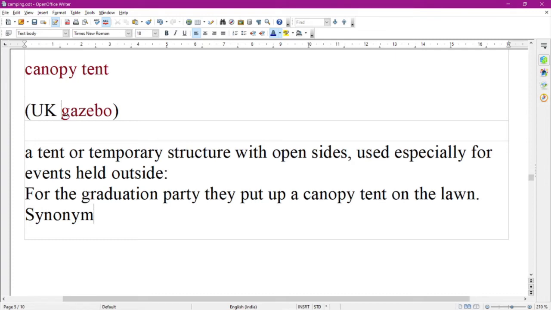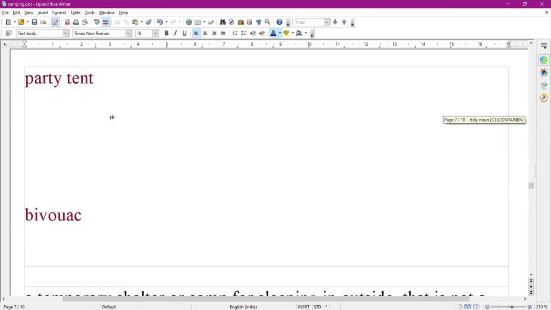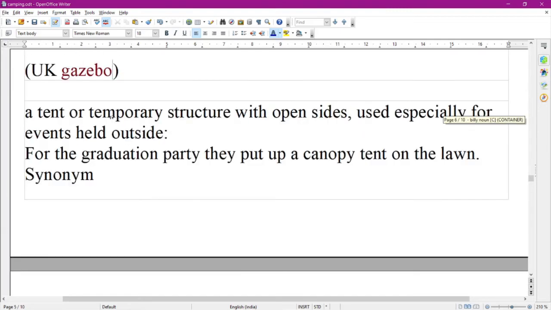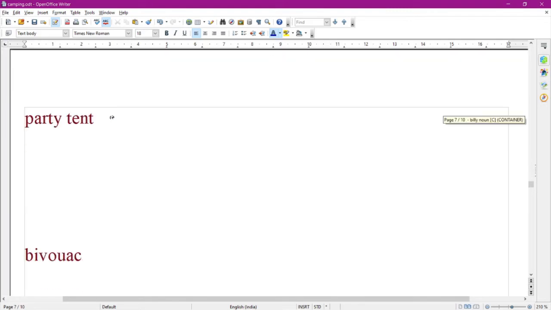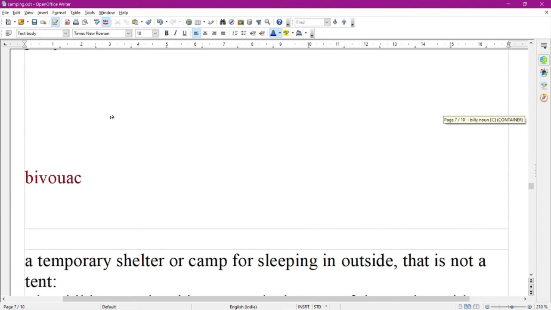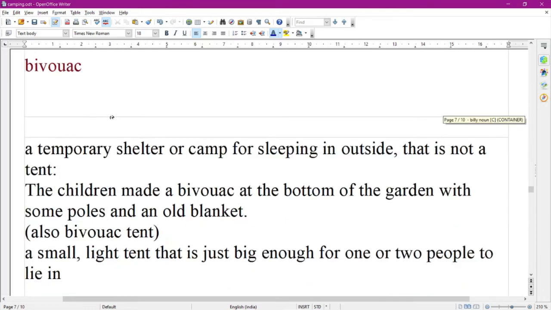It's also known as gazebo or party tent. Three names are there: party tent, gazebo, canopy tent.